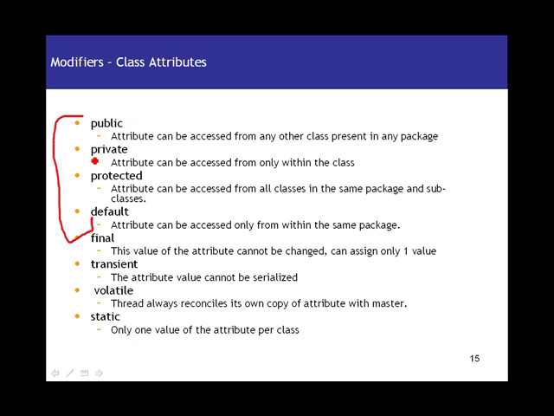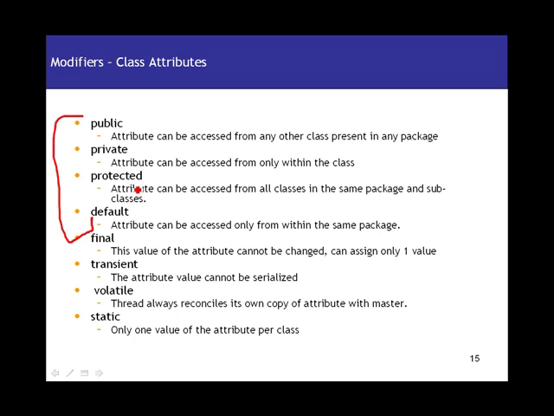Protected means all the classes within the same package can access my attributes, which is the same as default, but there is one extra addition: all the subclasses can access my attributes as well. The subclasses need not be in the same package. They can be in some other package and still access my attributes. That is what protected is all about. And default we've already discussed before.